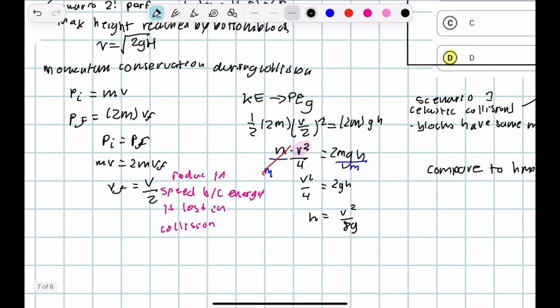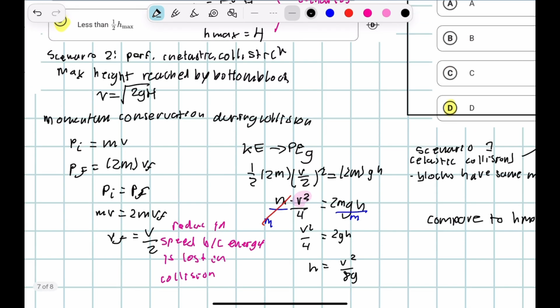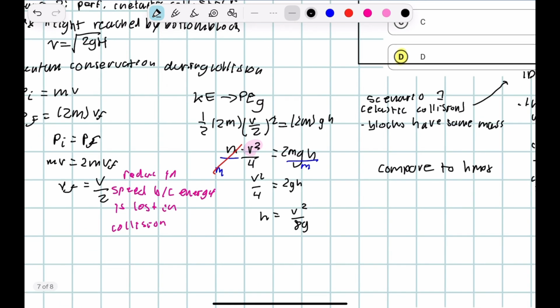Now the kinetic energy goes to potential energy, so we have to use the energy after the collision to find out how high the stuck blocks rise. So you have 1/2 times 2m times (v over 2) squared equals 2mgh.